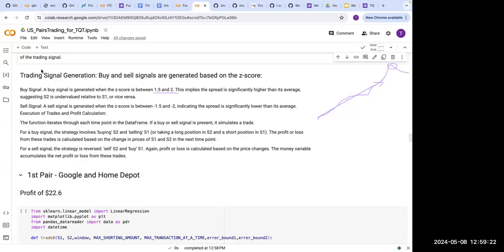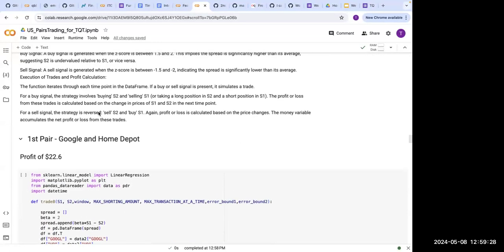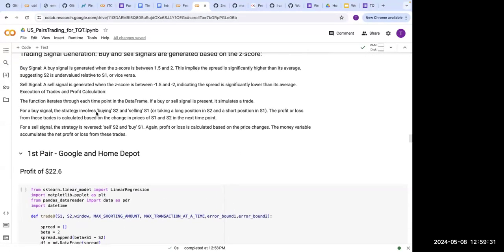So for doing that, you calculate a Z-score to see if that trade is actually way out of what the expected trend is. So a buy signal is generated when a Z-score is between 1.5 and 2. This implies that the spread is significantly higher than its average, right?